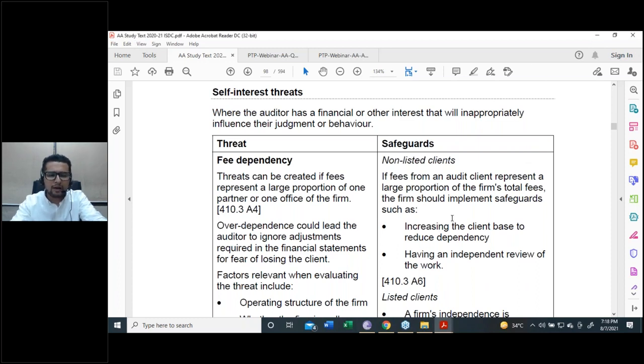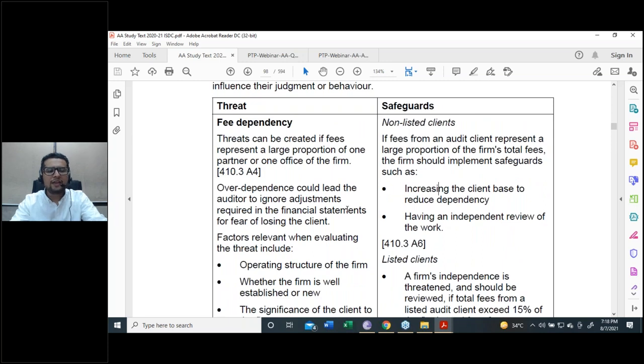Okay, then let's continue. For every threat, you have to understand the possible safeguard. For example, if you are financially dependent on a particular client, what do you have to do?